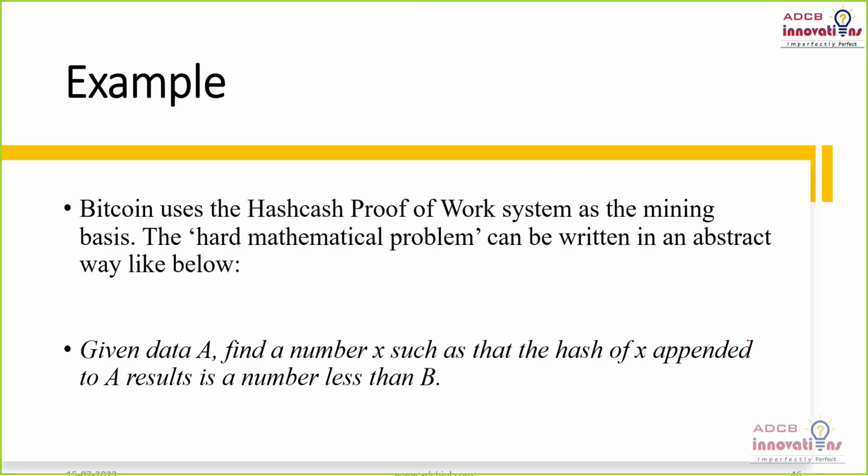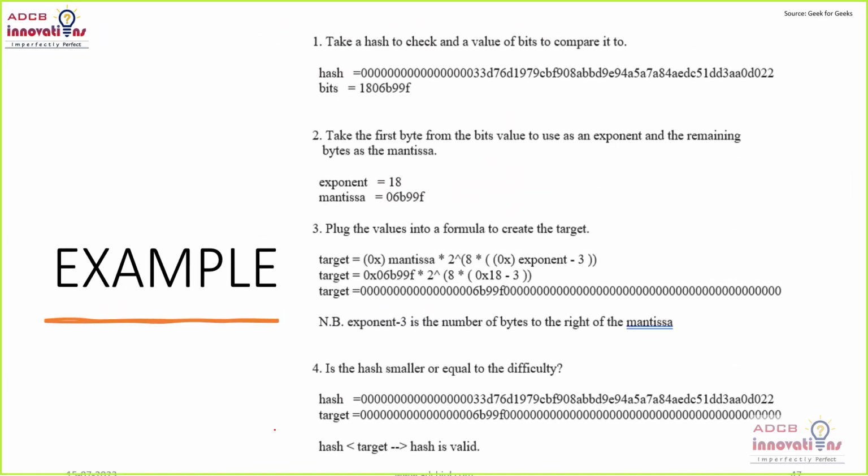Bitcoin uses the Hashcash proof of work system as its mining basis, and the hard computational mathematical problem is like this: given the data A, find a number x such that the hash of x appended to A is less than the number B.